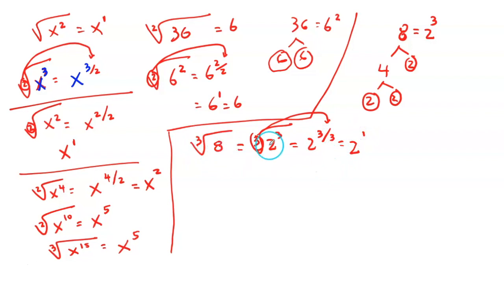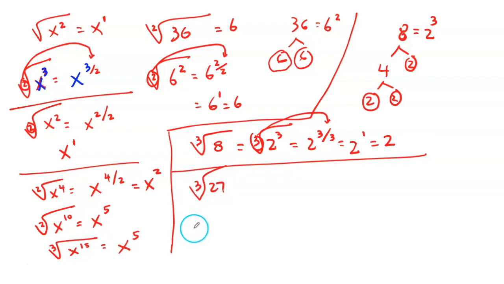So cube root of 8 is 2 to the first power, which is 2. So knowing how to go back and forth between a radical and a rational exponent will help me simplify any radical. All right, let's do something else. Let's keep it simple. Still simple. 81, no, let's do 27.